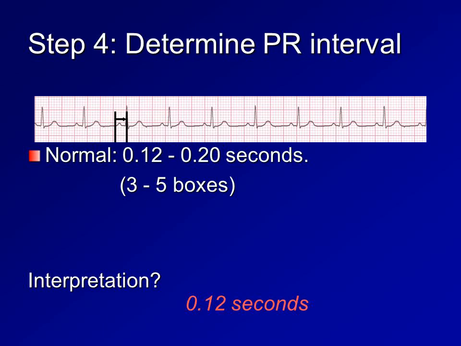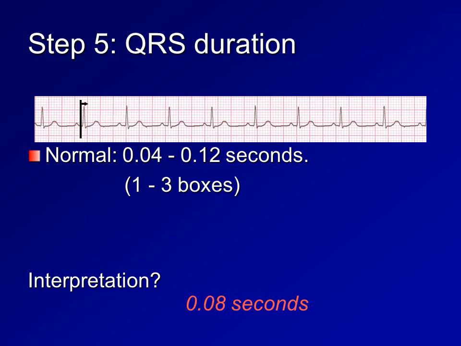Step 4. Determine PR interval. Normal is 0.12 to 0.20 seconds, 3 to 5 boxes. Interpretation: 0.12 seconds. Step 5. QRS duration. Normal is 0.04 to 0.12 seconds, 1 to 3 boxes.